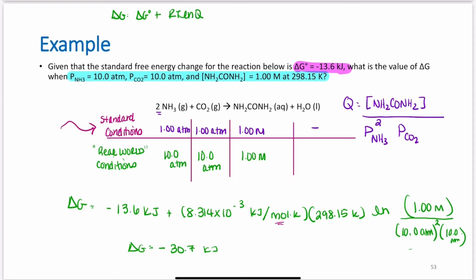So yes, we expect delta G to be a bigger negative number. We have more reactants in the reaction now, which is a greater driving force for the reaction.